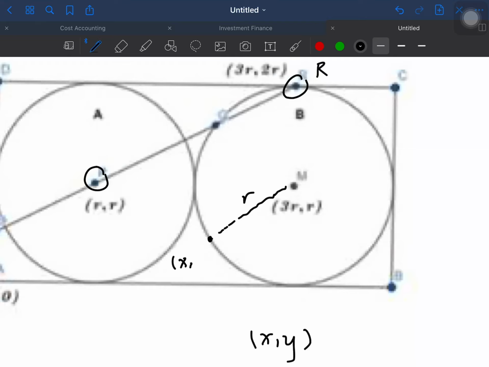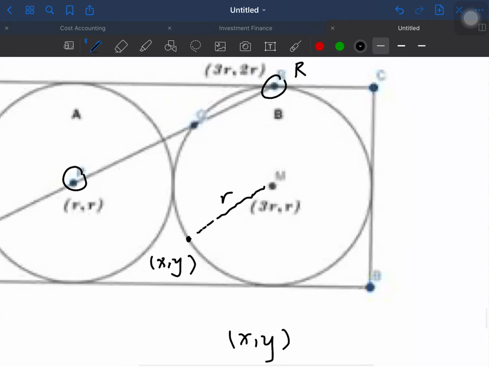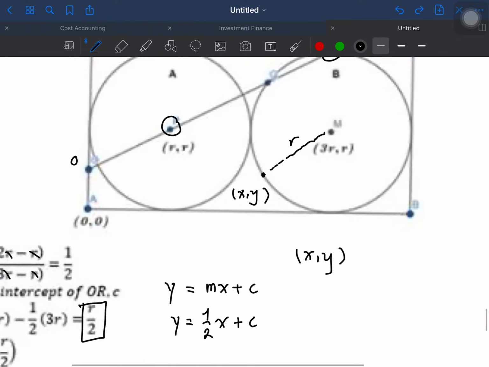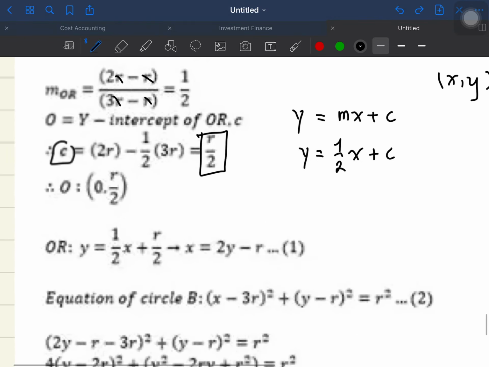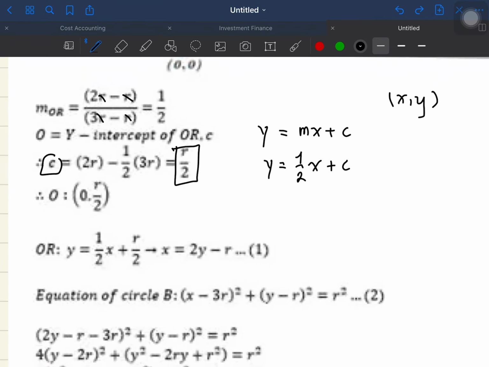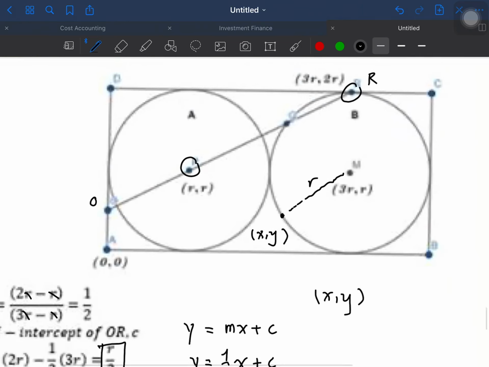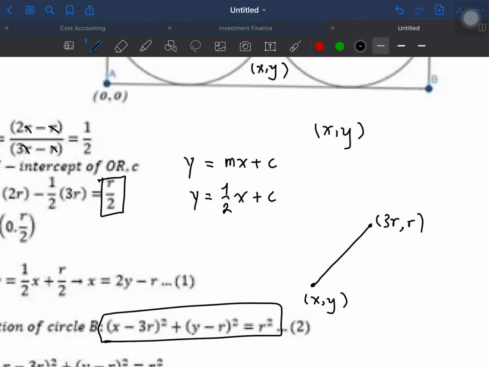Like this case, we use x, y again, and then we try to connect between the x comma y, 3r comma r, this one, and also r. So how to get the locus of equation? I mean the equation of circle. We can just use the Pythagoras formula, okay, like this is x, y, and then this is 3r comma r, okay, correct.